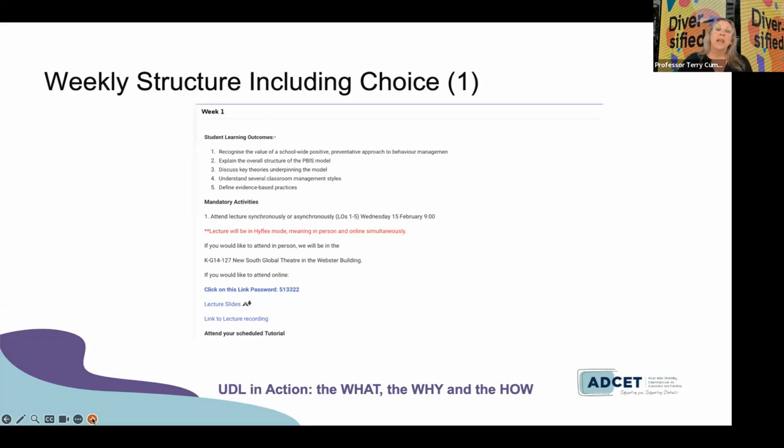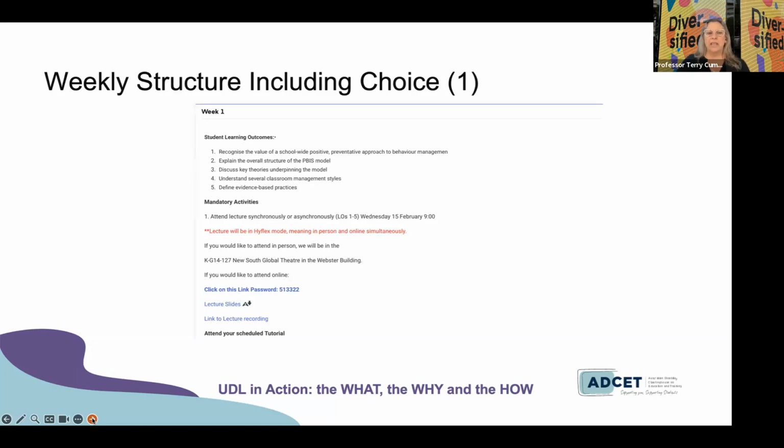Okay, so when I talk about including choice, this is what a typical week might look like. If you see at the top there, it says week 1, and then there's 5 student learning outcomes. I start with mandatory activities.